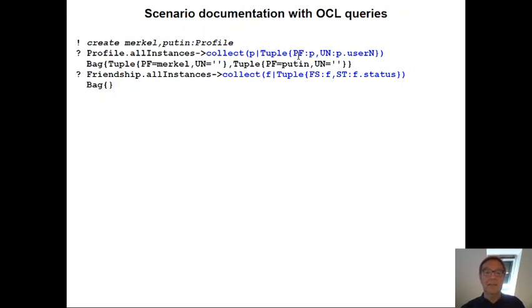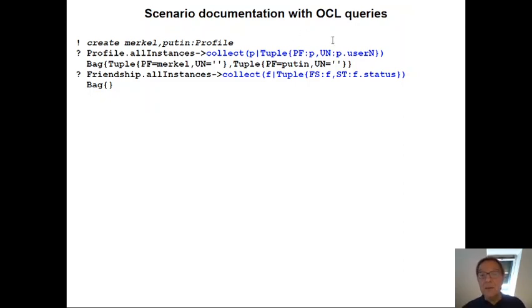Instead of writing here PF and UN, I could have written explicitly the longer names profile and username, for example. But I've decided here to have short names, and with these names you access the components of the tuple.